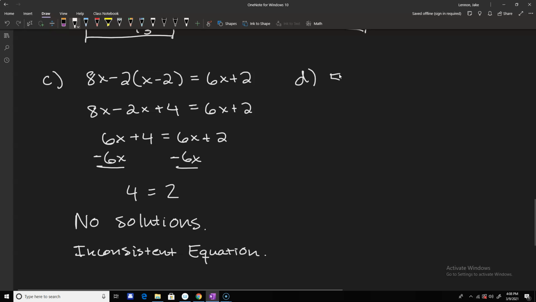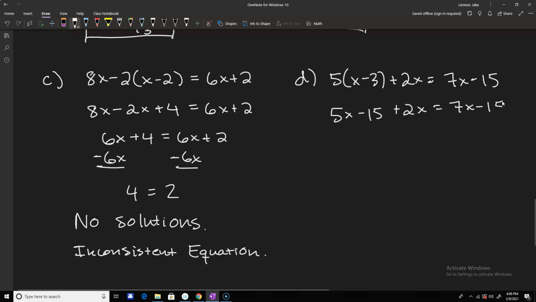So let's say we have 5 times (x minus 3) plus 2x, and let's say this equals 7x minus 15. Well, as we expand, we would have 5x minus 15 plus 2x, and that'll equal 7x minus 15.